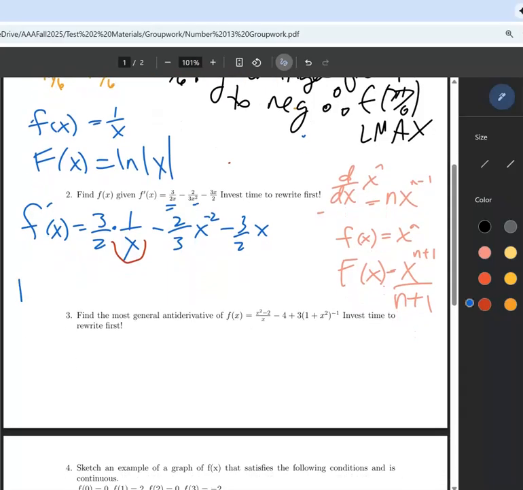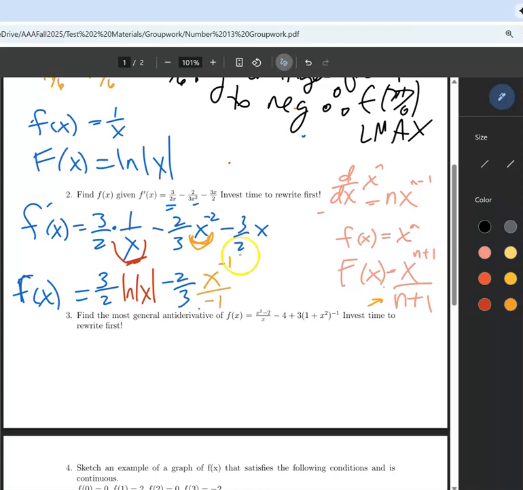You have to always be on the lookout for it. If I take the antiderivative to get f of x, I'd carry along the 3/2. This antiderivative gives me ln, and it's important that you put the absolute value bars there. Then I carry along the negative 2/3, and for the antiderivative of x to the negative 2, I add 1 to the exponent and put it over that number.